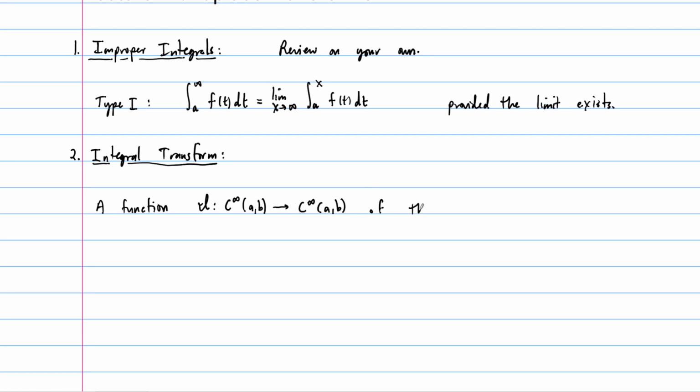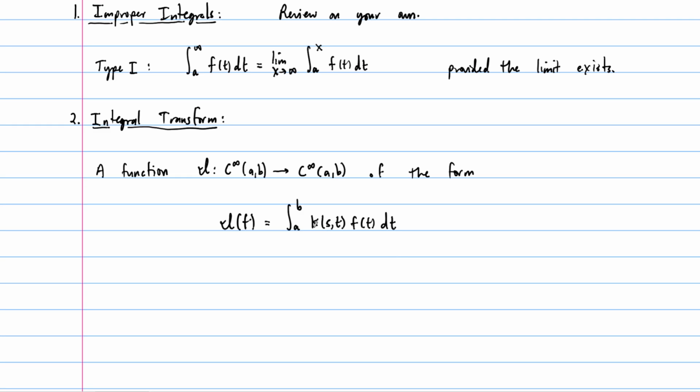If this is given by the form I of f is equal to some integral from a to b of a function k of s,t times f of t dt, this is called an integral transform.